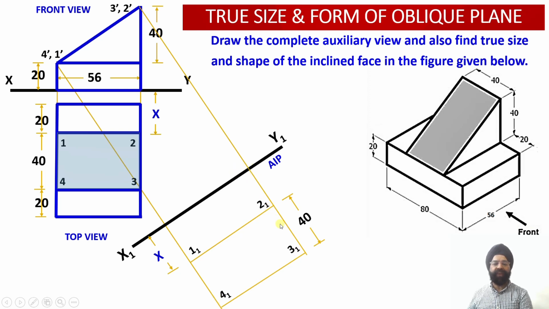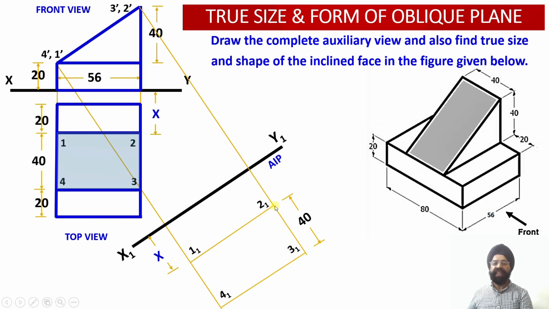This point 3₁ has been obtained at a distance of 40 plus X from this auxiliary inclined plane. Similarly, the distance of point 4 from the AIP will be equal to X plus 40. This way, all four points of the section surface have been located in the auxiliary plan projection, which has been obtained onto the auxiliary plane.